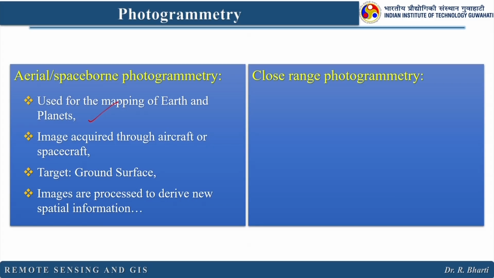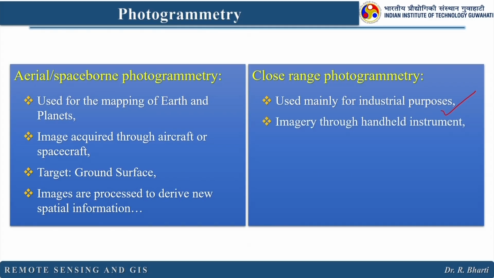In case of close range photogrammetry, we rely on a normal camera or handheld camera or the sensors available to use in the field. It is used mainly for industrial purposes, where you need more accuracy. The second point is imagery through handheld instruments. This is very important. This is the major difference between space-bound and close range photogrammetry.